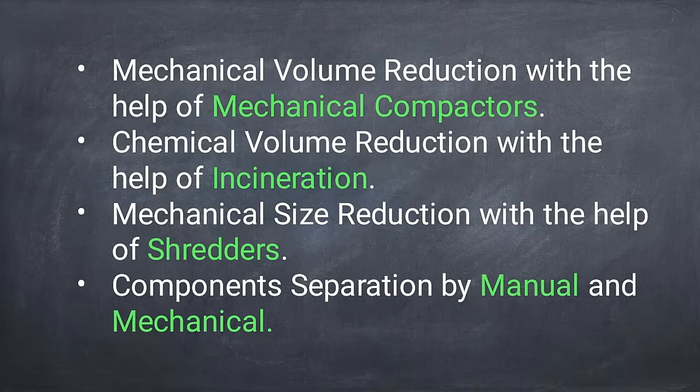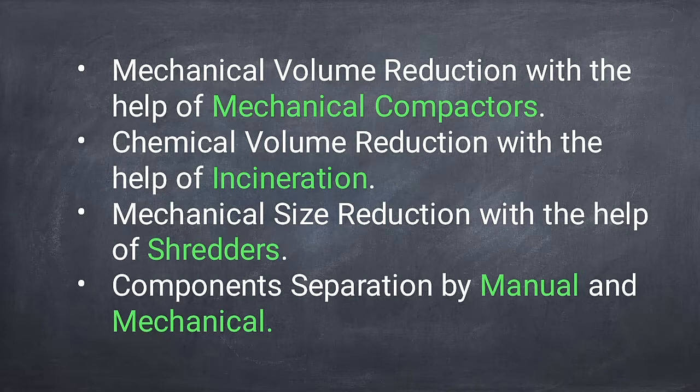In the case of chemical volume reduction, either through incineration, we dump all kinds of waste into the incinerators batch-wise, burn it, collect its ashes, and send the gas materials for heat generation and all.